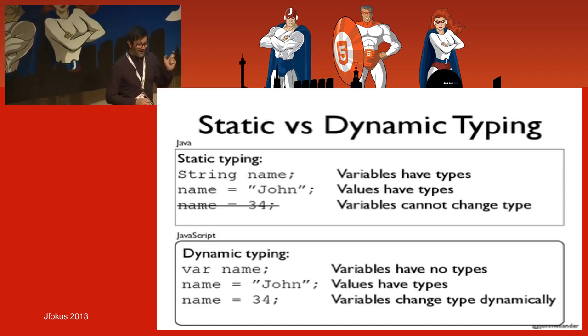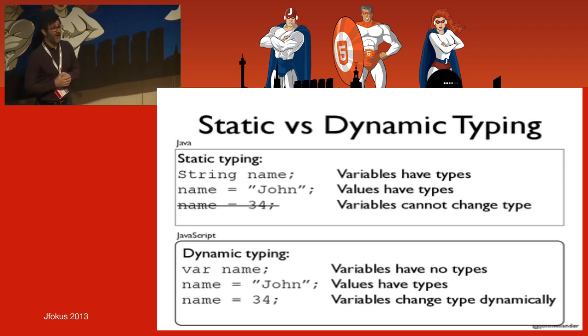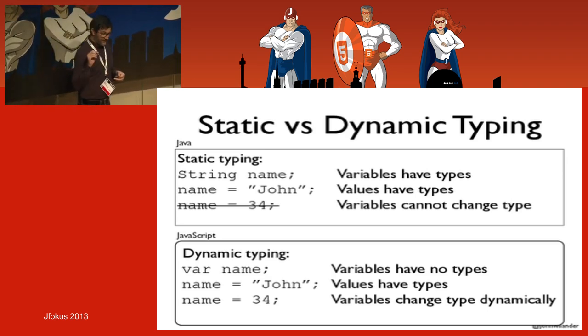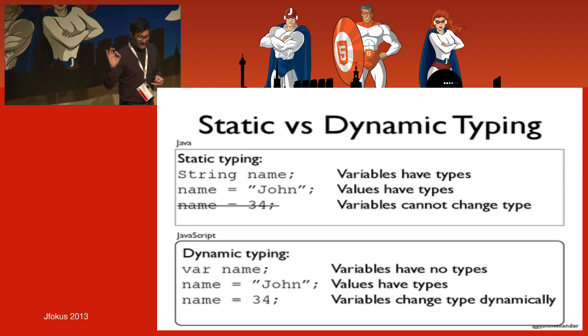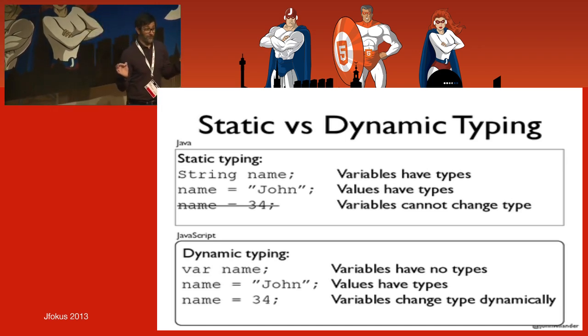JavaScript, however, has dynamic typing. This means variables do not have types. Let me repeat that. Variables do not have types. Values, however, have types. This means that you can assign something of the value string to the variable name, and then later assign a number to that variable.